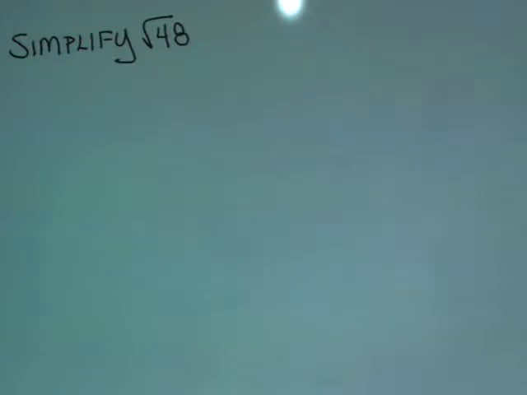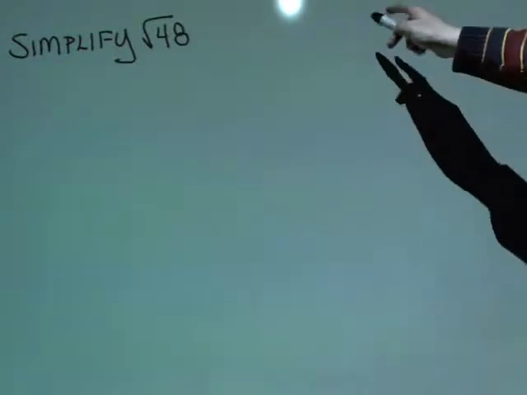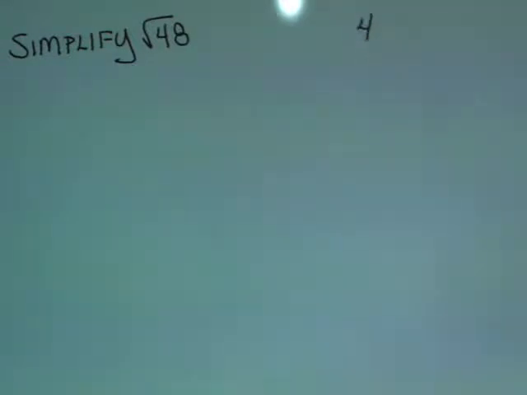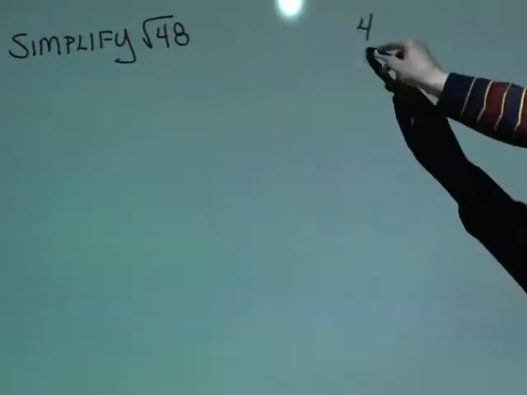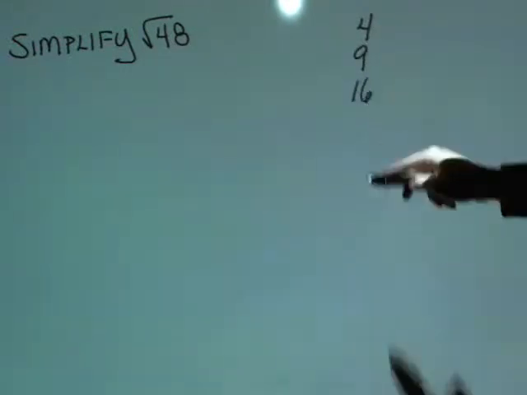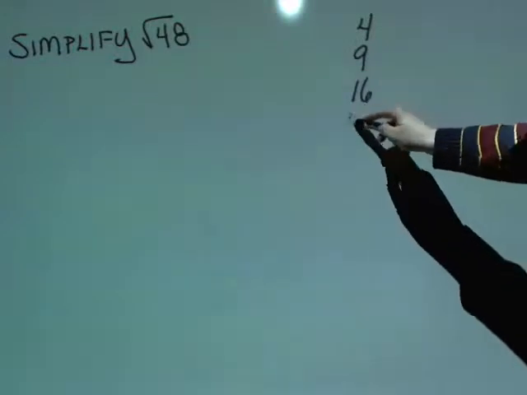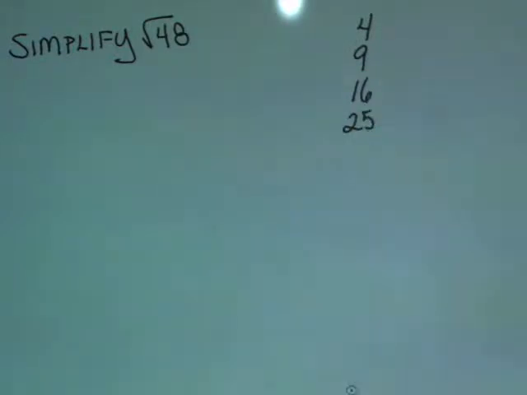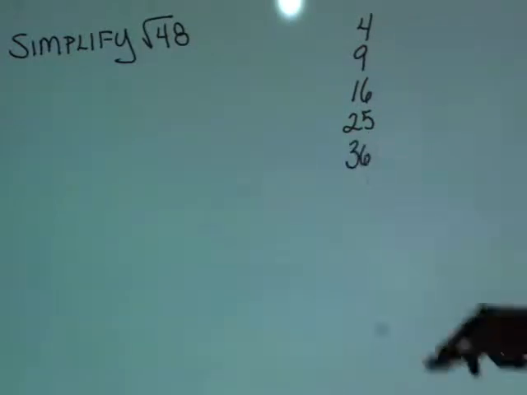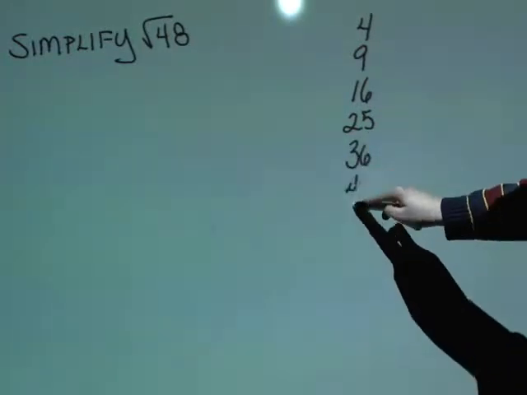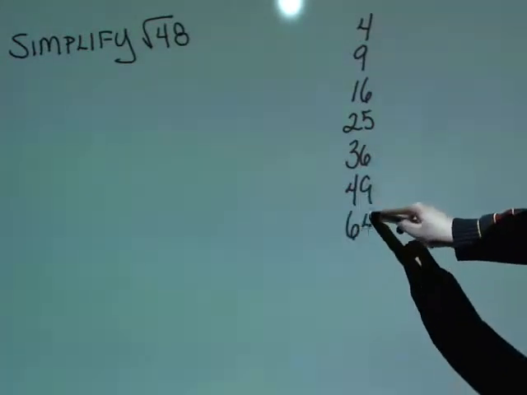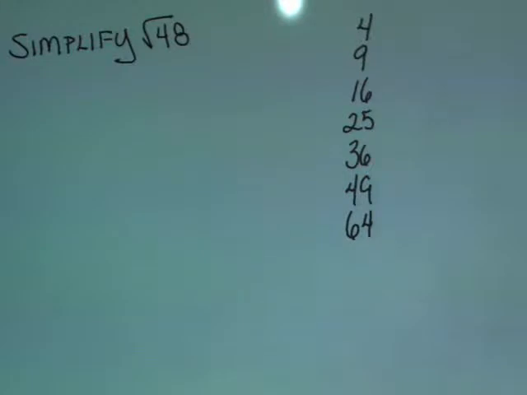So really what you want to use here are numbers like 4, because the square root of 4 is 2, and 9 because the square root of 9 is 3, and 16 because the square root of 16 is 4, and 25 because the square root of 25 is 5, and 36 because the square root of 36 is 6, and 49 because the square root of 49 is 7, and 64 because the square root of 64 is 8, and on down the list you go.